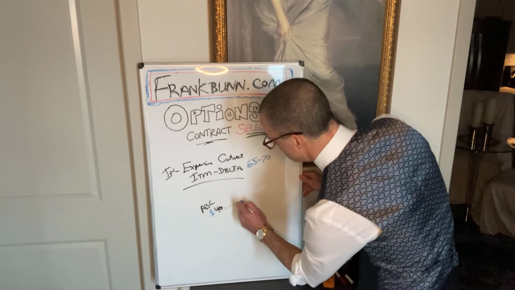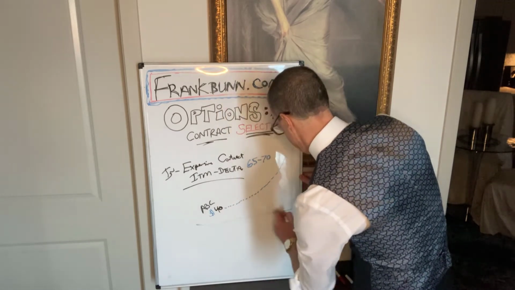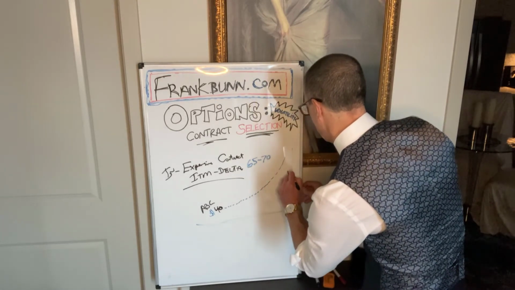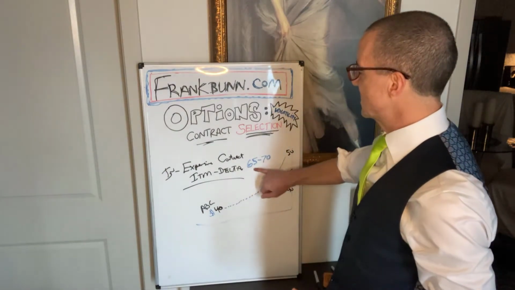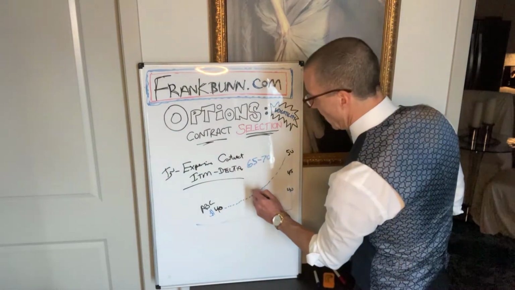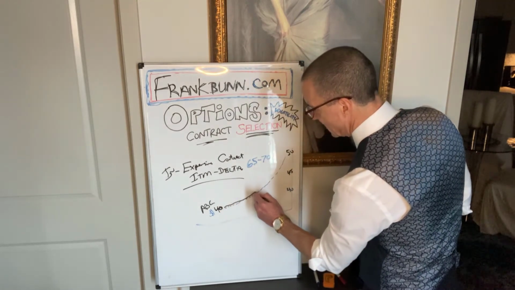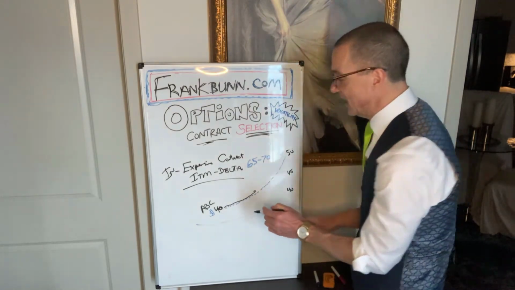If I look at my price steadily increasing here, there's 40, here's 45, here's 50, I'm hitting the sweet spot in that delta where as the price steadily increases, so will my option immediately from the beginning.